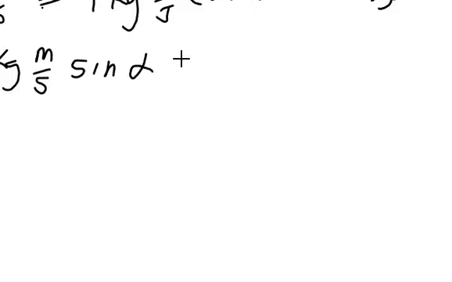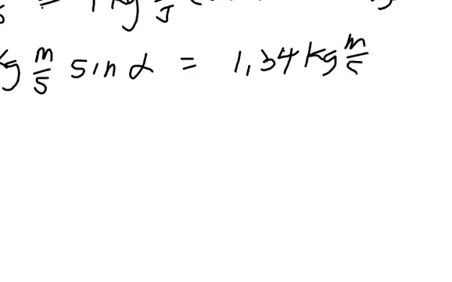And then I had, well, this has got to have the units, 1 kg meters over second sine alpha equals 1.34 kg meters over second sine beta. Ugh, this whiteboard is horrible.